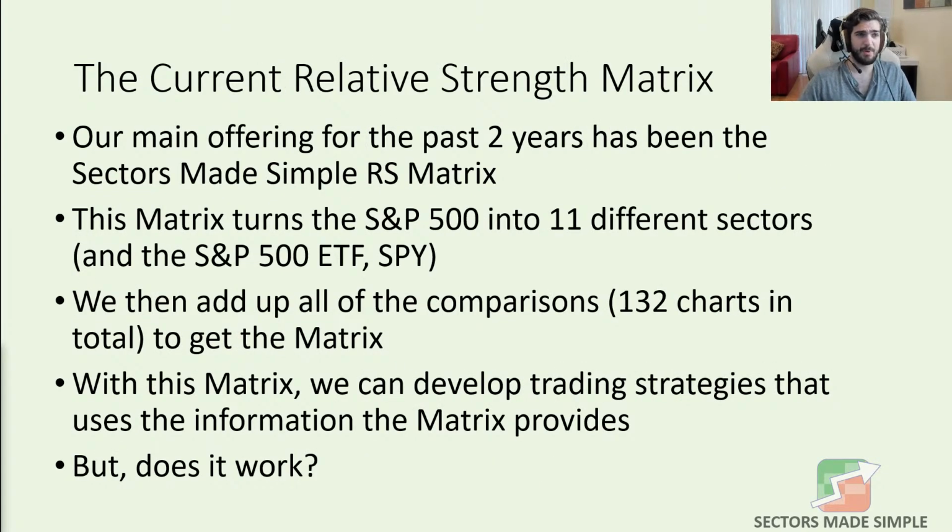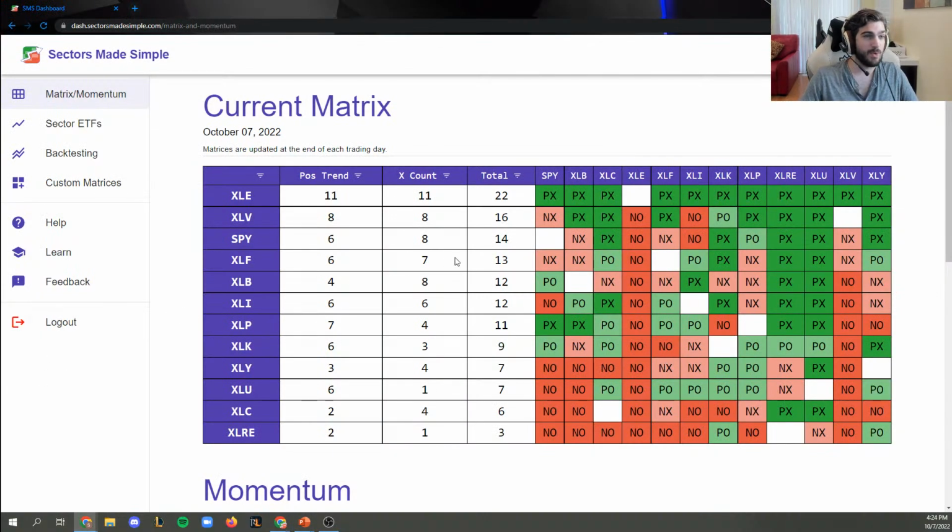So going into a little bit more detail about what I just showed. This is the matrix. When someone says, what do you do at Sectors Made Simple? I usually say, we make the matrix. It is what we have done for 2 years, and it is what many of our trading strategies and education webinars center around.